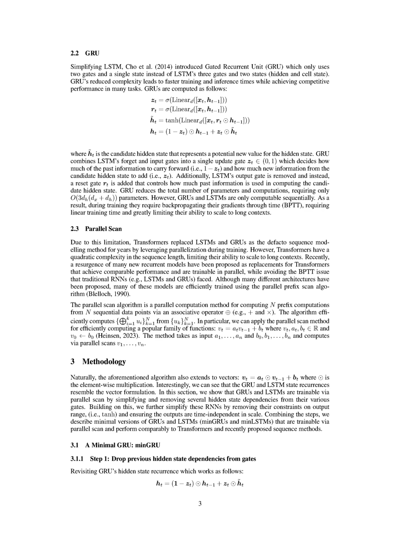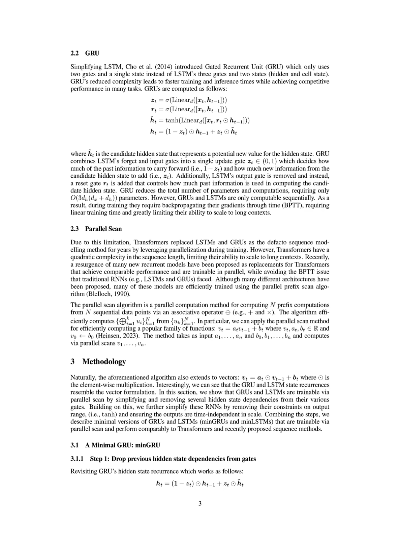To illustrate how minGRU processes a sequence of inputs, consider a simple sequence of three inputs, x_1, x_2, and x_3. The first step involves computing the update gate, z_t, for each input independently, using the formula z_t = sigma(Linear_d_h(x_t)). For example, for x_1, we compute z_1, and similarly for x_2 and x_3.